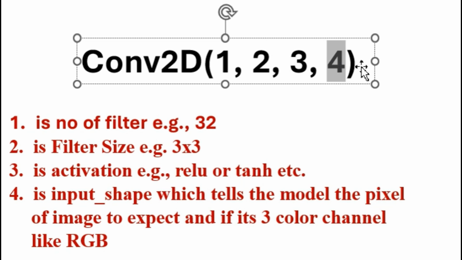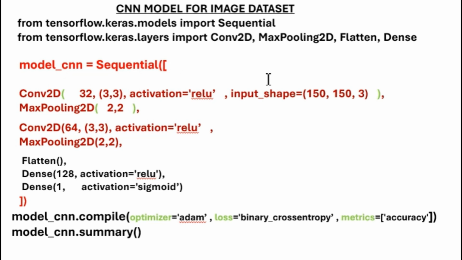For instance, a typical RGB image, you might see in the bracket, let me show you, 150, 150, 3.